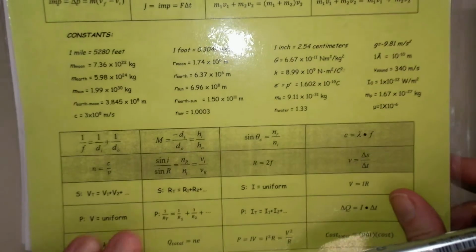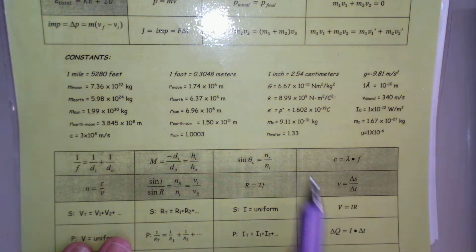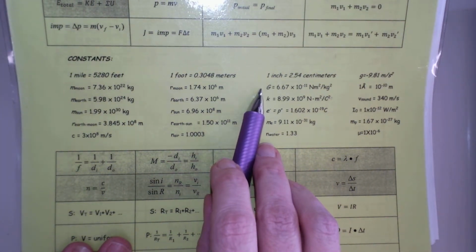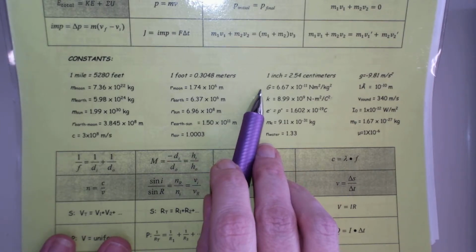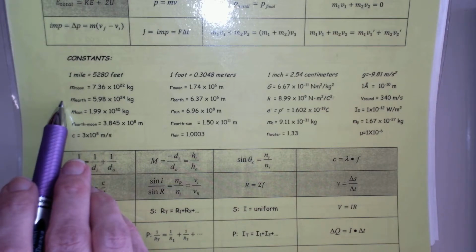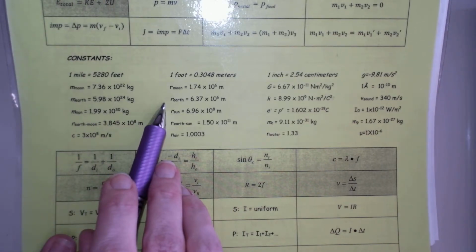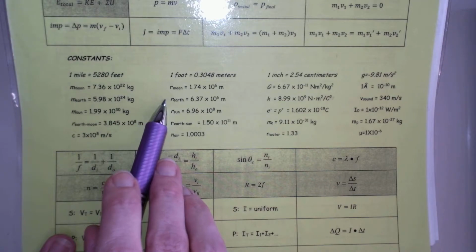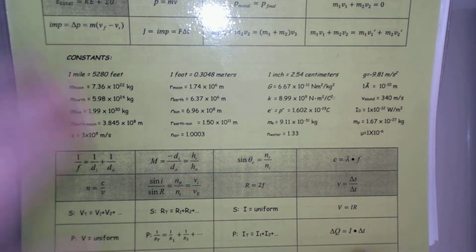If you look at your green sheet, big G is right there, so we are going to need big G. We also need the mass of the Earth, M Earth, which is 5.98 times 10 to the 24th kilograms, and R Earth, the radius of the Earth.